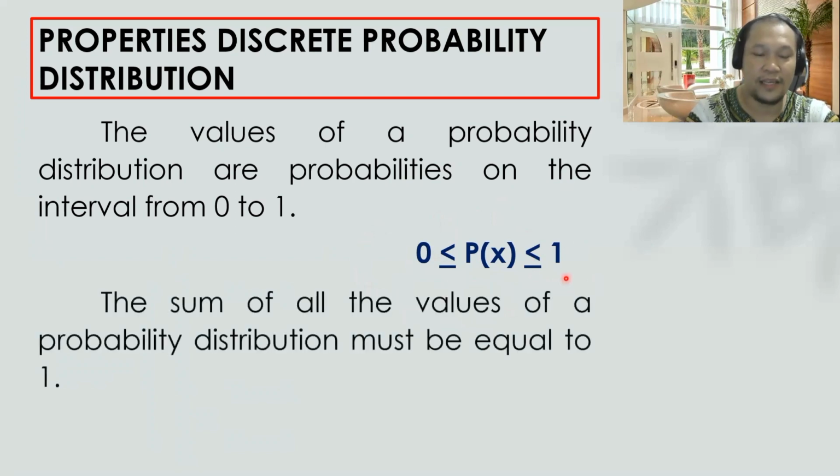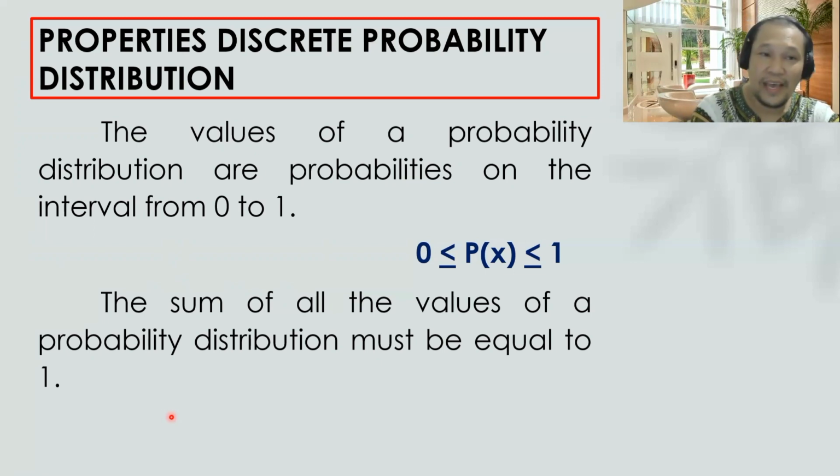On the other hand, the sum of all the values of a probability distribution must be equal to 1. It should not be greater than 1 or less than 1. It is always equal to positive 1. I hope you were able to understand the properties of discrete probability distribution.